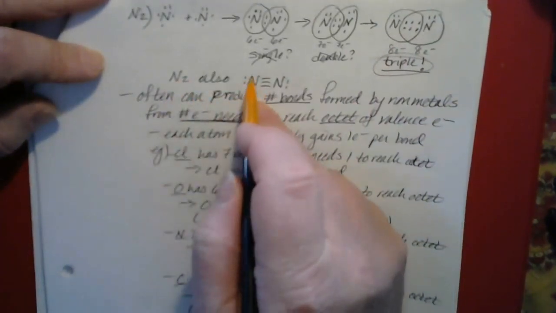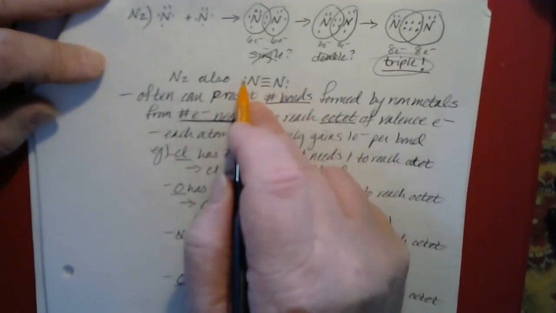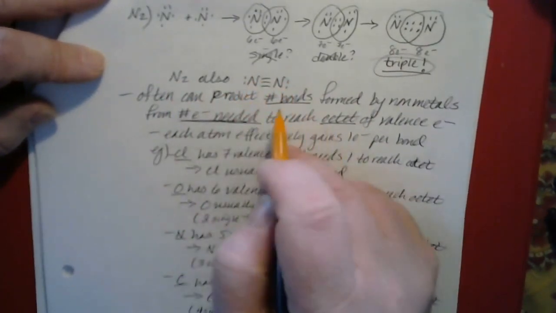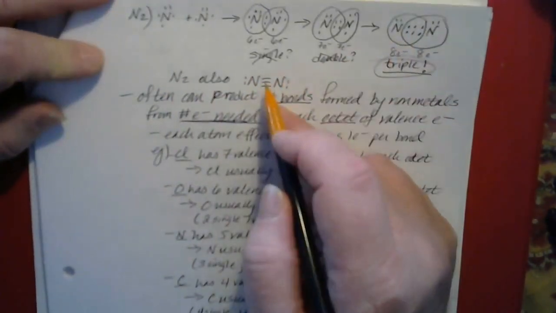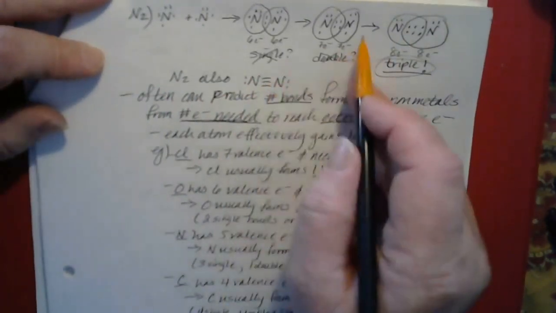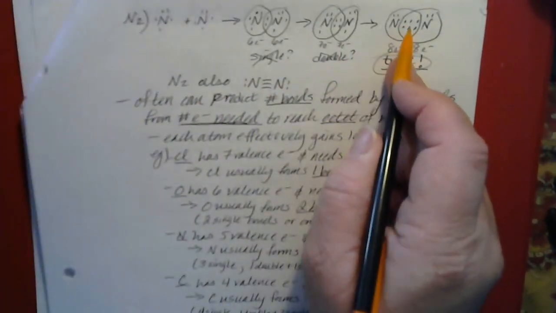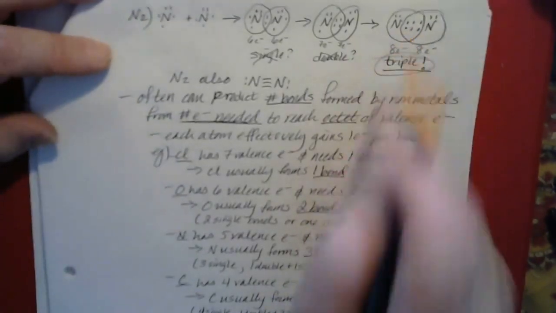And you could also write that as N triple line N, with each nitrogen having 1 lone pair of electrons on it. And that really means the same thing as the Lewis structure we drew. It's just that the one with the lines emphasizes that it's a triple bond, and the one with the dots emphasizes that there are 6 electrons or 3 pairs being shared.